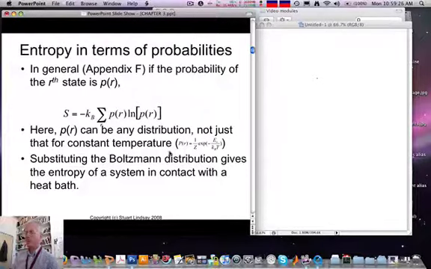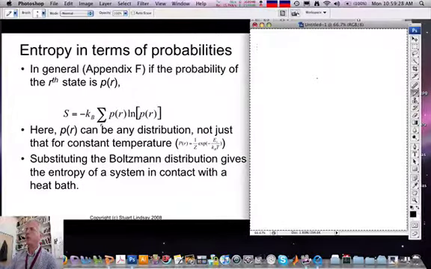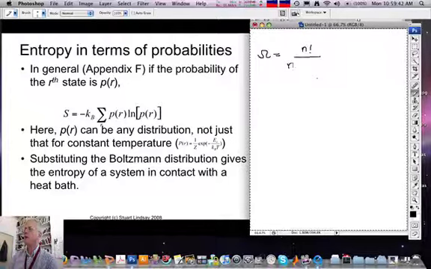In order to understand this, we need a somewhat more general definition of entropy. This definition is worked out in Appendix F, where we consider a system, a large number of replicas of a system, and show that the statistical weight can be given in this form, where each of the subsystems is in a particular state, as shown below here.